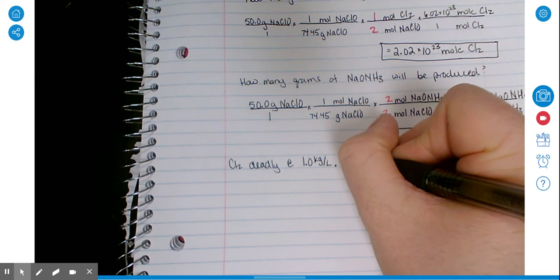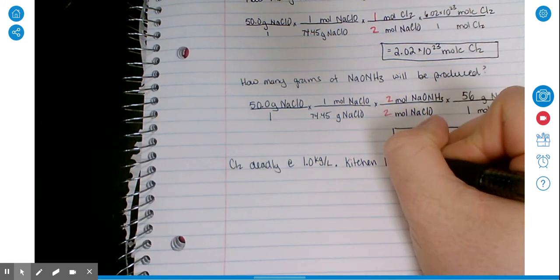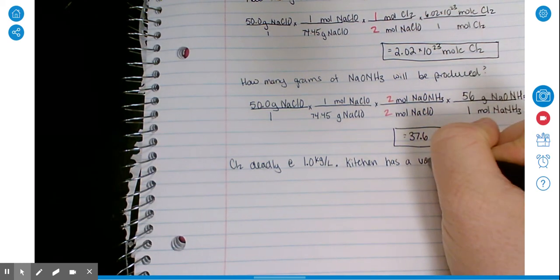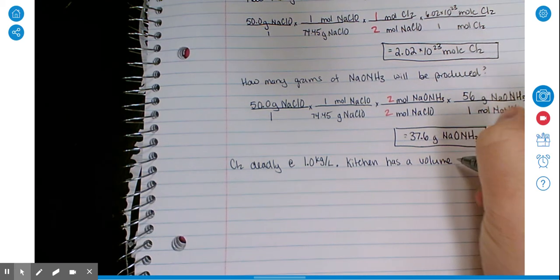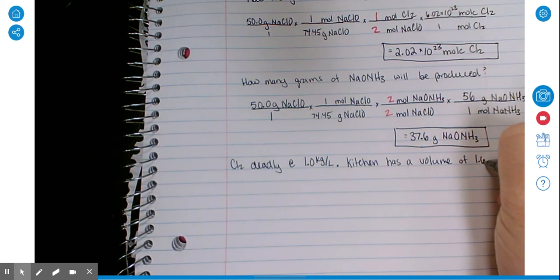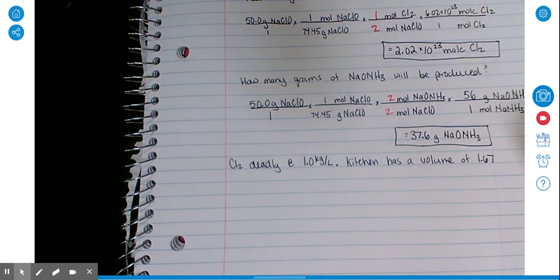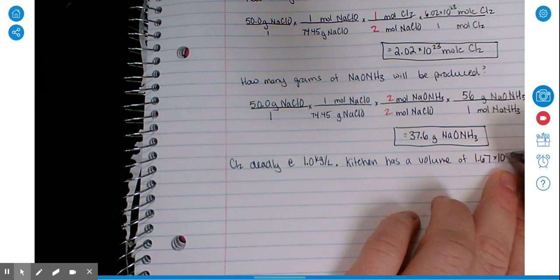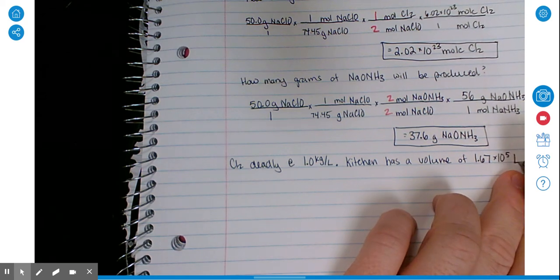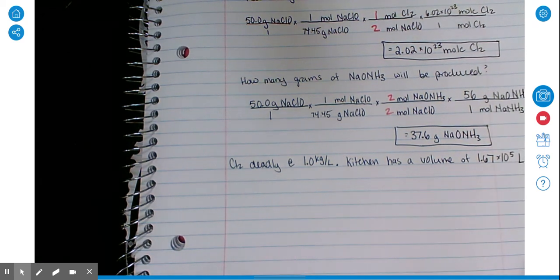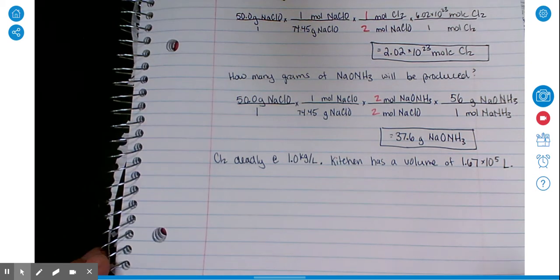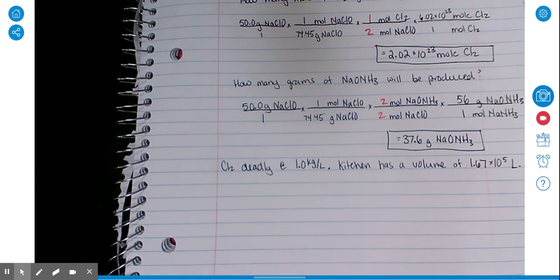Your kitchen has a volume of 1.67 times 10 to the 5th liters. You need to calculate, would this mistake be deadly, or would it not be deadly if all the chlorine gas was produced?